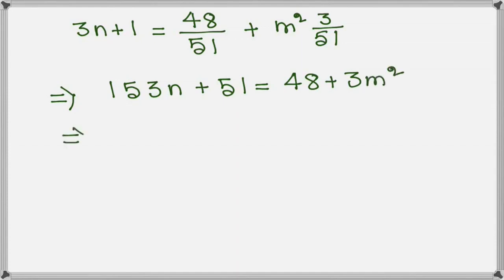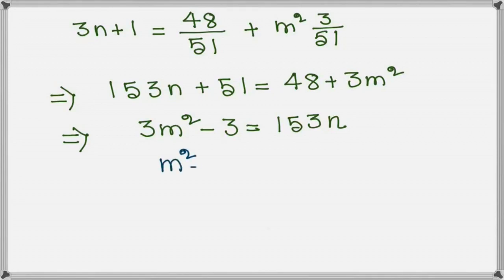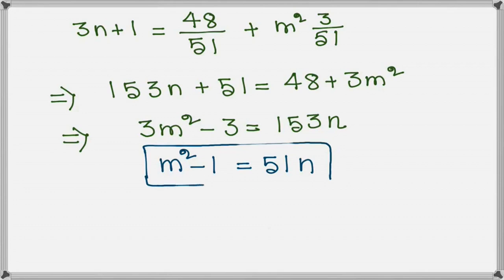So, therefore, 3m square minus 3 is equal to 153n. So, m square minus 1 is equal to 51n. Now, we know that m is the smallest positive integer which satisfies this equation.